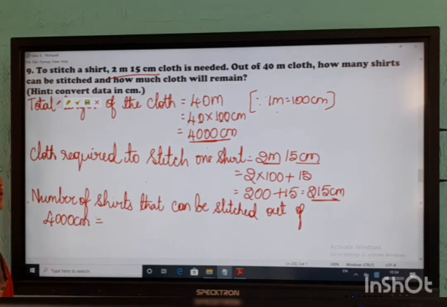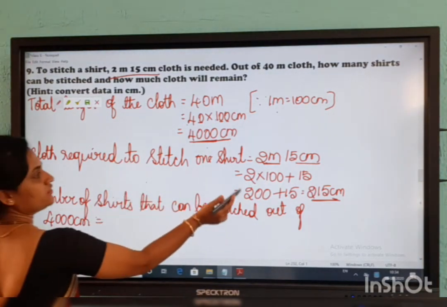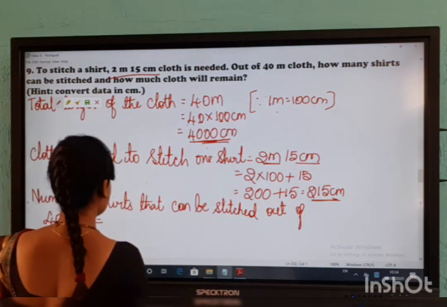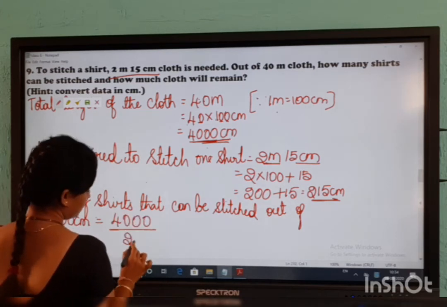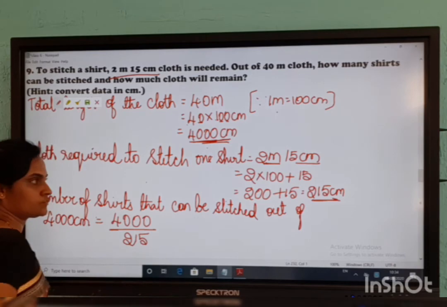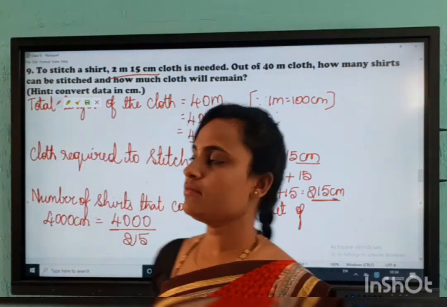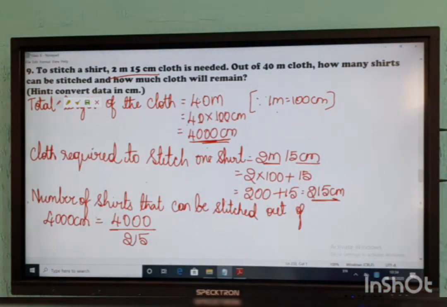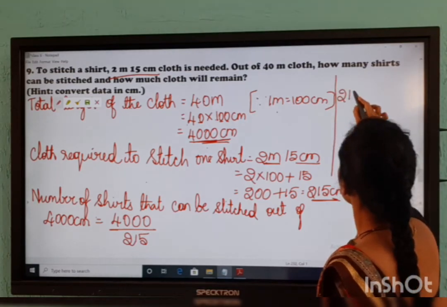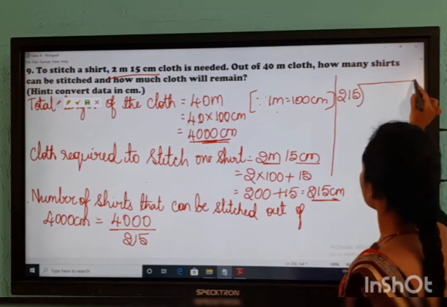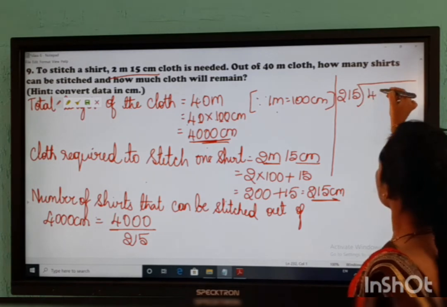So now what should you do? You should divide this number by this number, that is 4000 divided by 215. 4000 divided by 215. Now you should divide it.